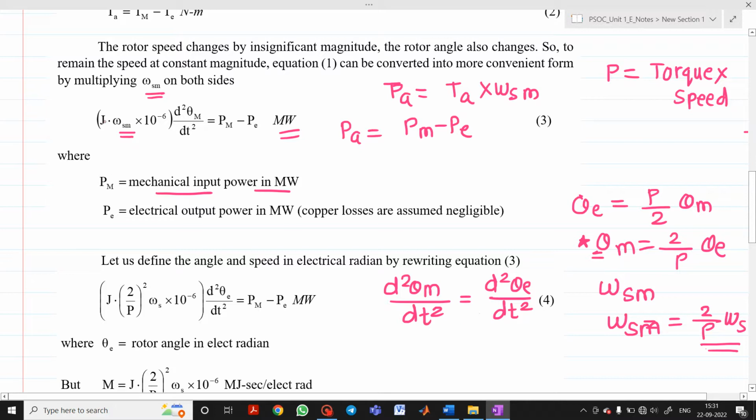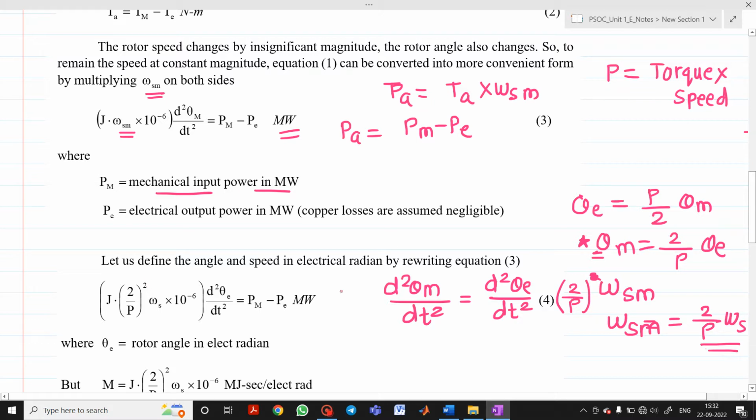So J stays as it is. Now omega Sm is nothing but 2 by P into omega S, so that's why one 2 by P is for this, into omega S into 10 raised to minus 6 as it is. But obviously we should have 2 by P also multiplied by this, and the other 2 by P comes from theta m equal to 2 by P into theta E. We just differentiated twice, and there is no question of differentiating these terms, so 2 by P is a constant. So 2 by P into 2 by P becomes 2 by P square.